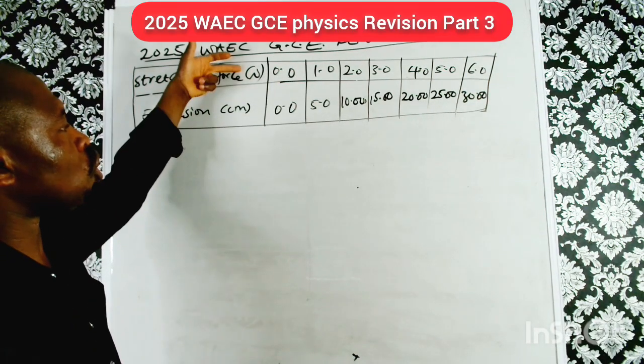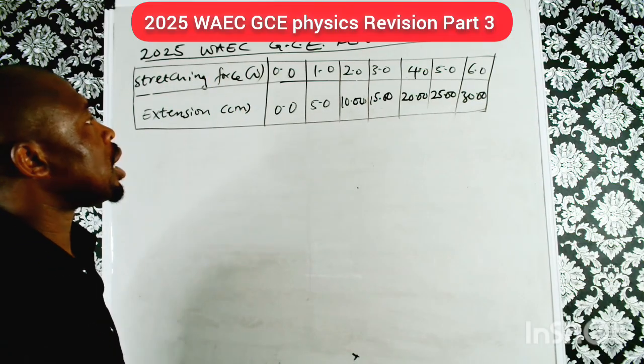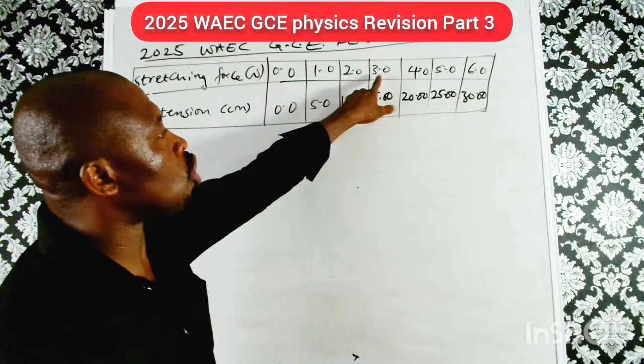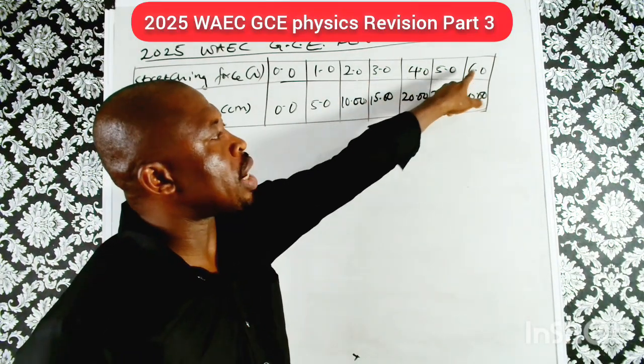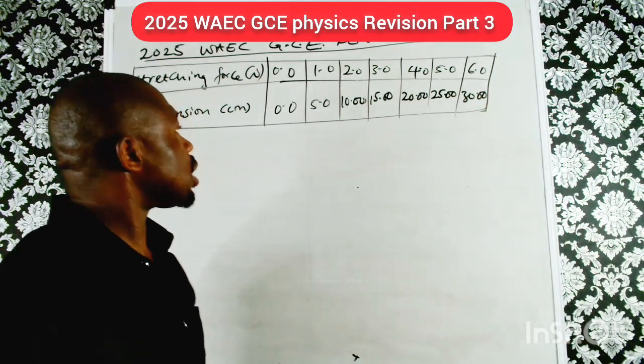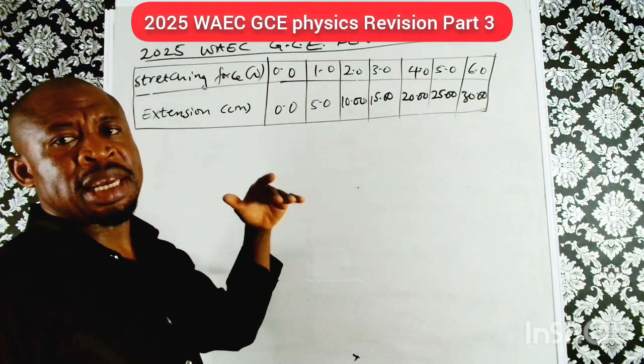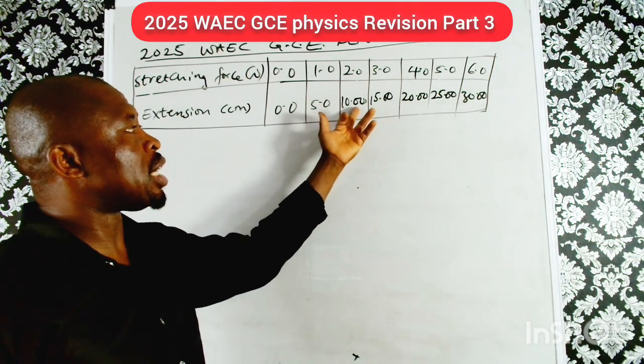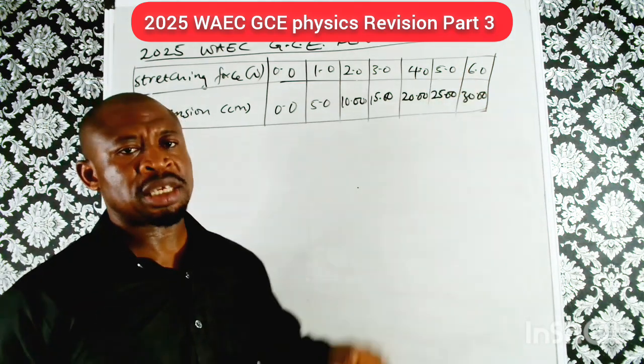The force is in Newton, extension is in centimeter. We have 0.0, 1.0, 2.0, 3.0, 4.0, 5.0, and 6.0 Newton. The corresponding extensions are 0.0, 5.0, 10, 15, 20, 25, 30.